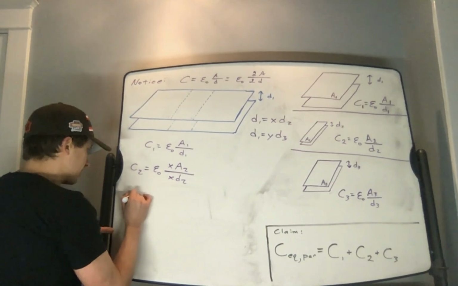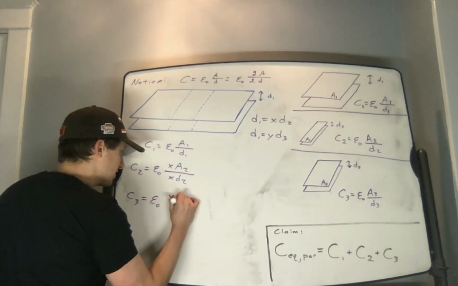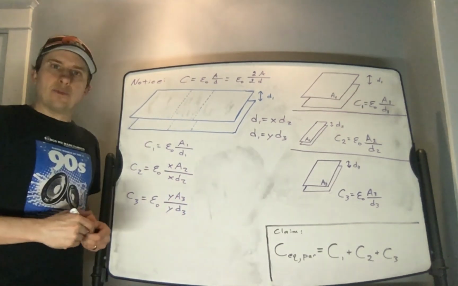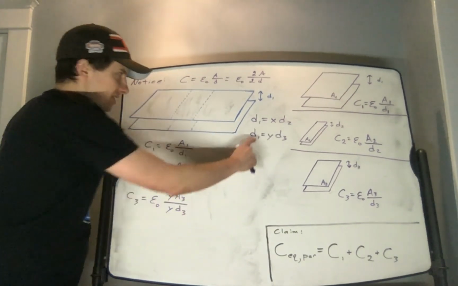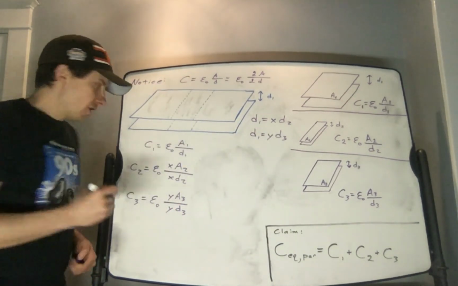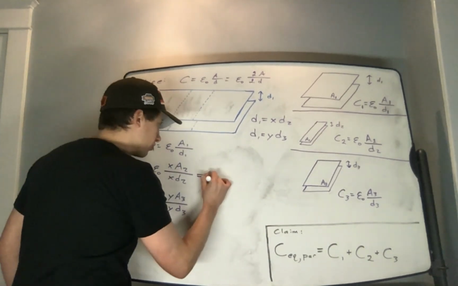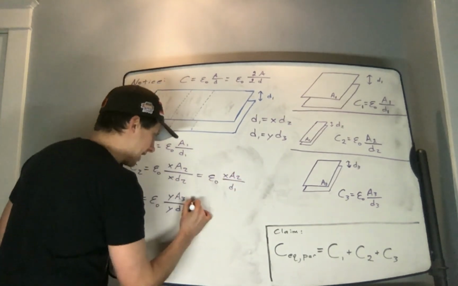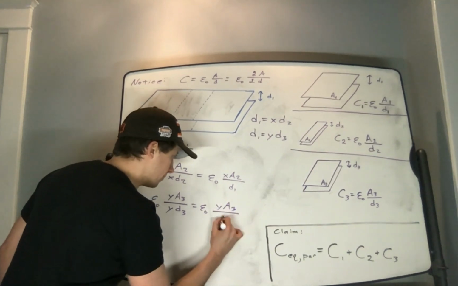And I could write C3 is equal to epsilon naught y times A3 over y times D3. Because we have said that d1 is equal to x times d2 and d1 is equal to y times d3, we could write the capacitance of capacitors 2 and 3 as being equal to epsilon naught x A2 over d1 and epsilon naught y A3 over d1.